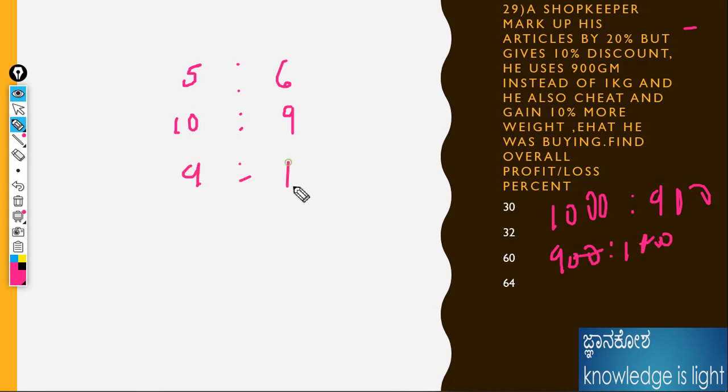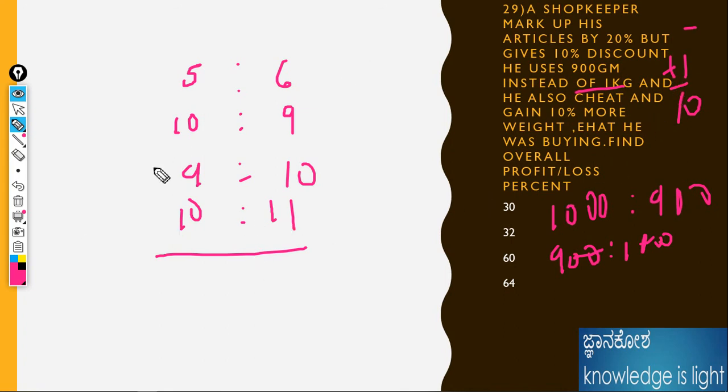I calculate with respect to price, that's why I'm taking the reverse of that one. If any problem gives an article, just convert it to price. Then gain 10% more: 10% is given directly with respect to price, then 11 by 10, because 1 plus 1 by 10 is 11 by 10.